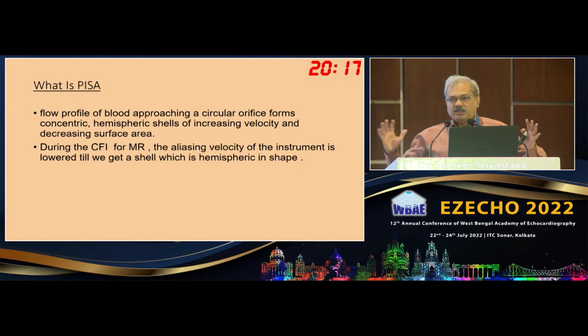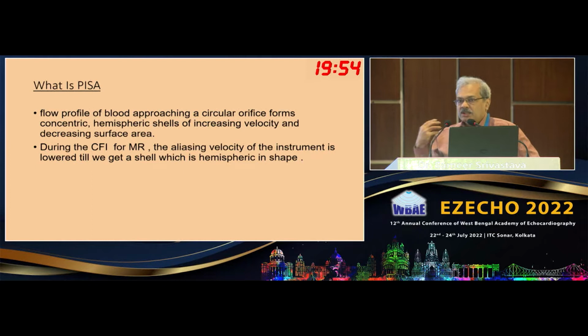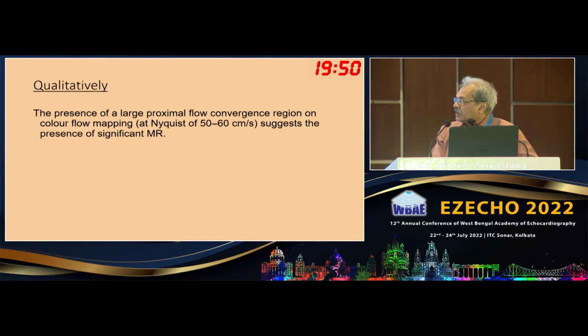When it rains heavily, the water goes towards the drain and forms hemicircular ripples. This is PISA. As it goes closer to the drain, the velocity keeps increasing. Away from the drain, the velocity is less. The concept is that if it is larger, then there is more mitral regurgitation.